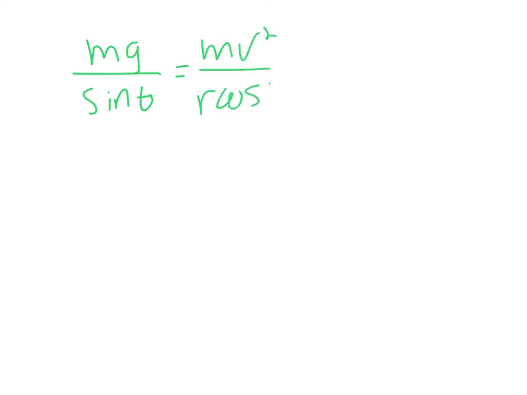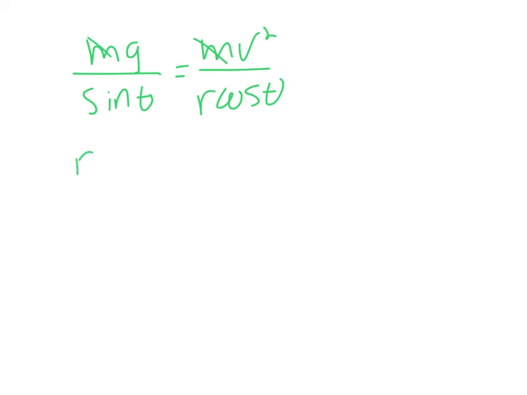Okay, so the second way to solve this, and again, everything up to the steps where we're isolating Ft is the same. We end up with mg over sine theta equaling mv squared over r cosine theta. So looking for v, again, because this is the only unknown, masses cancel.